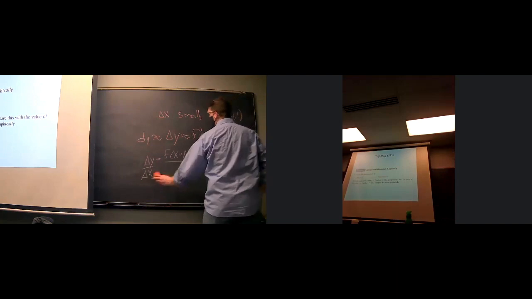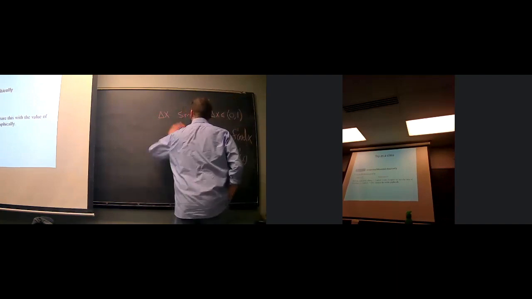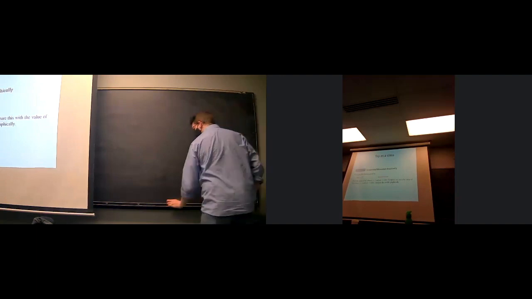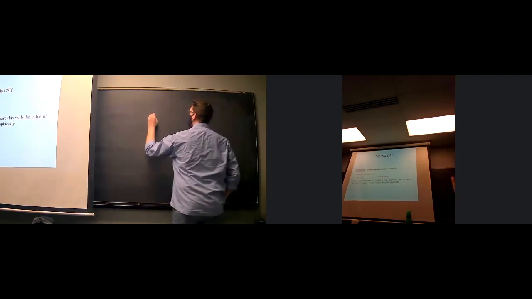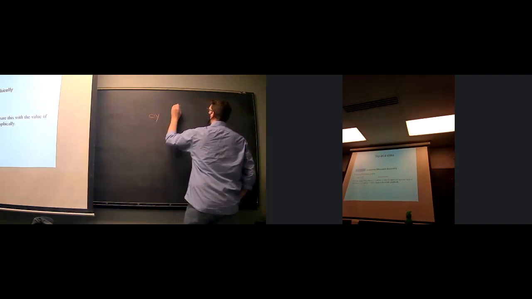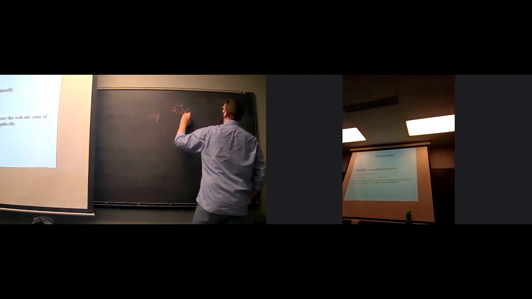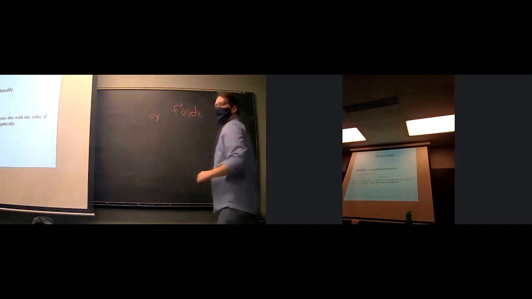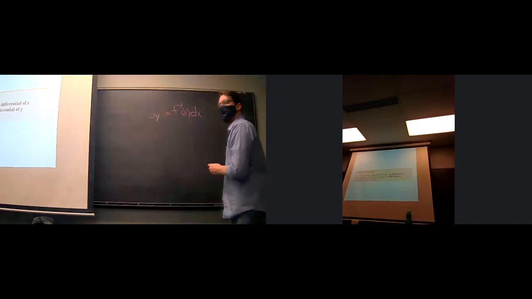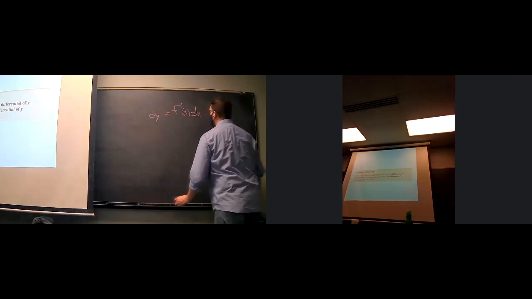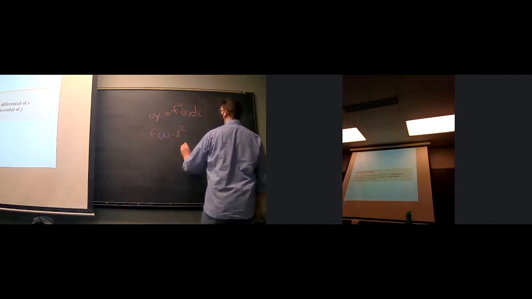Well, we know that dy and f prime of x are related to each other, right? They're exactly equal. And we know that f in our case was equal to x squared.